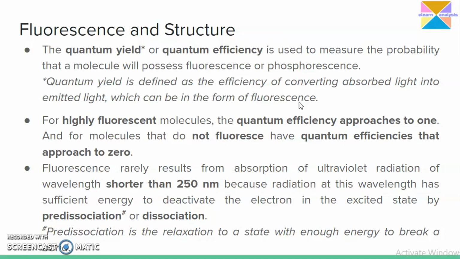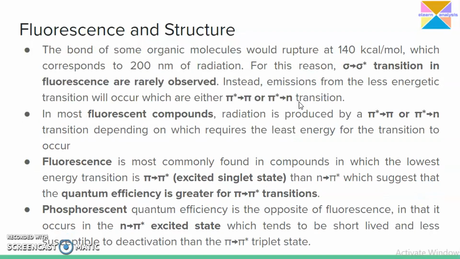Pre-dissociation is the relaxation to a state with enough energy to break the bond. So if you use wavelengths less than 250 or 200, then that wavelength will have high energy, and that energy usually breaks the bond rather than bringing about fluorescence or phosphorescence phenomena.